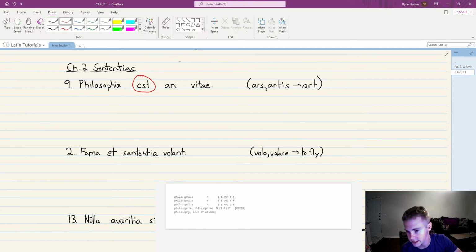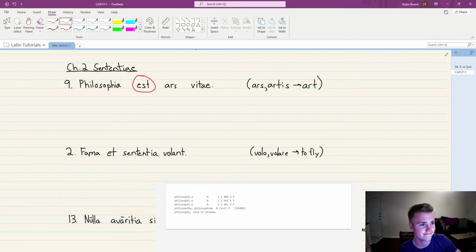This is an irregular linking verb, so you're just going to have to memorize those verb forms, unfortunately for you, but fortunately they're very common and not too hard to memorize, so it shouldn't take too long.